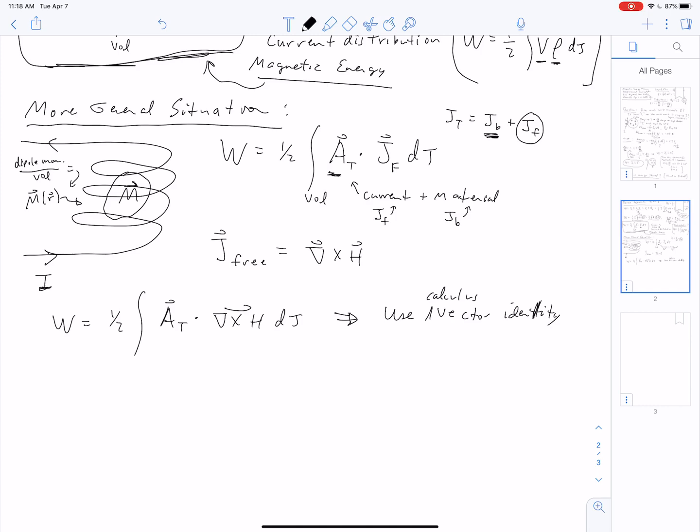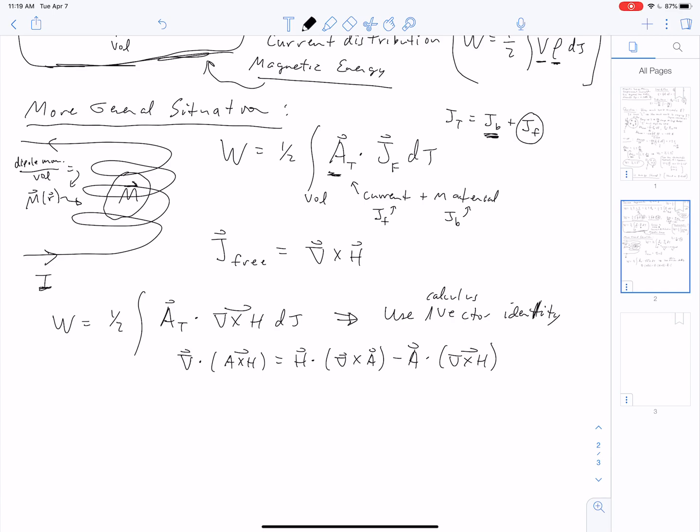This is the identity that we want to use, and it's a general identity: del dot (A cross H) is equal to H dotted into del cross A, minus A dotted into del cross H.